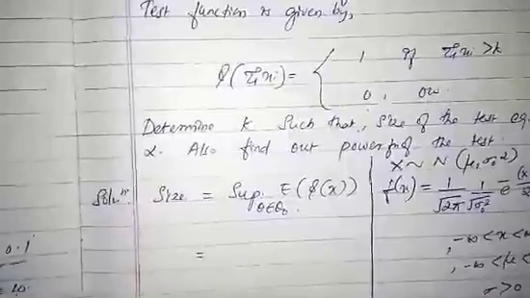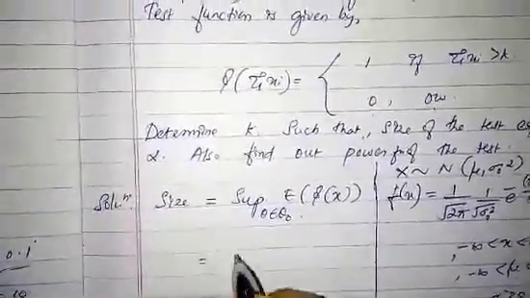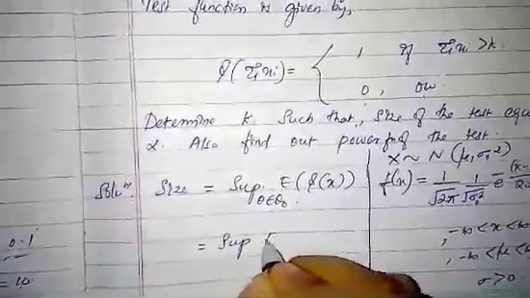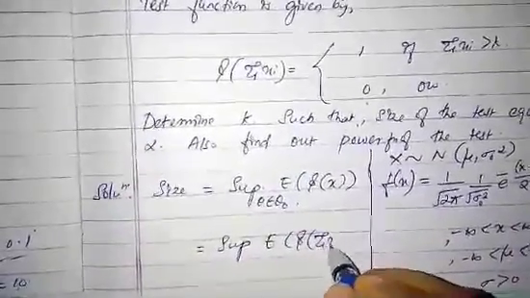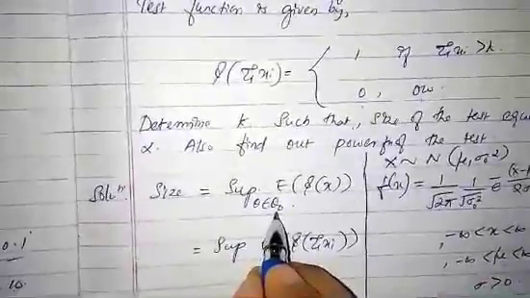For this problem, size equals the supremum of the expectation of phi of summation xi, over theta belonging to theta naught.